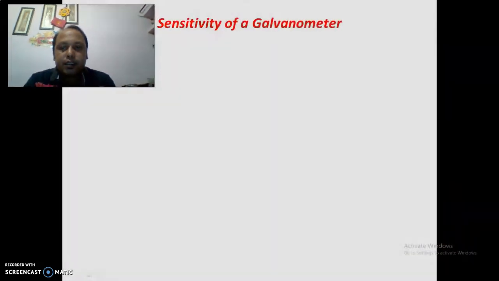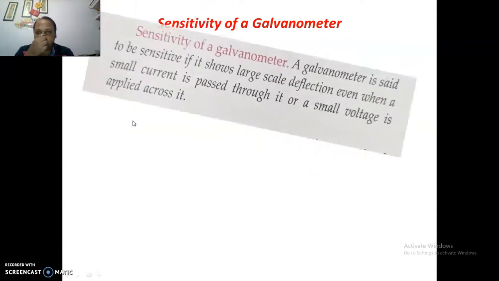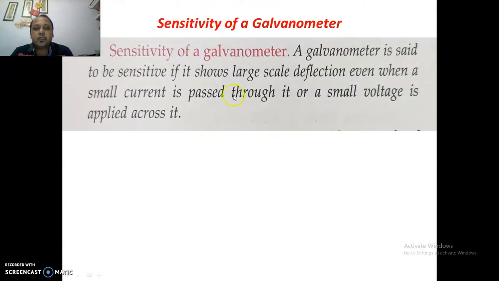So let us see how the sensitivity of a galvanometer is explained here. A galvanometer is said to be more sensitive if it shows large scale deflection even when a small current is passed through it or a small voltage is applied across it. I think it is very clear to you.